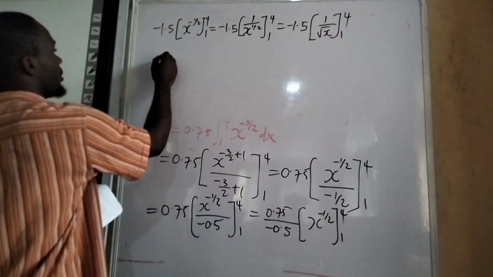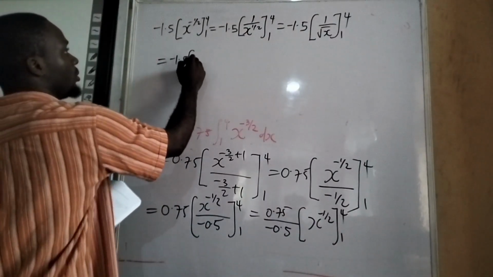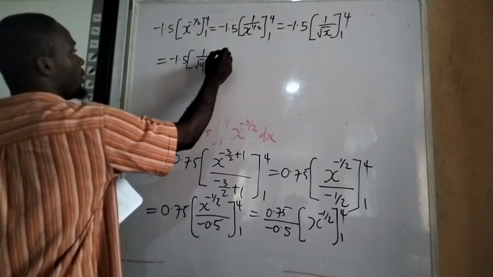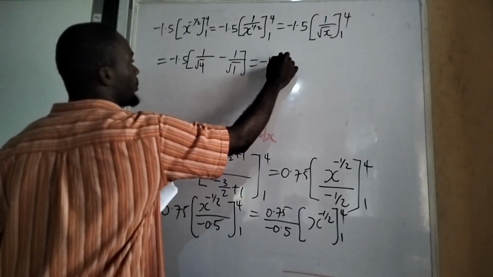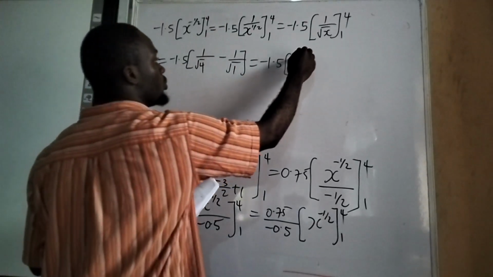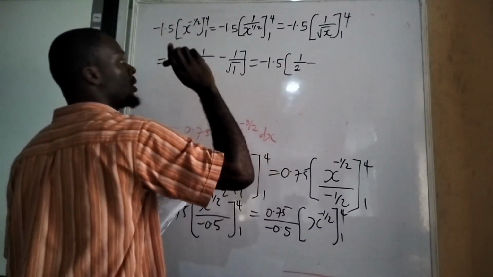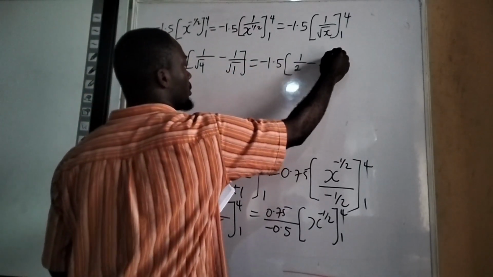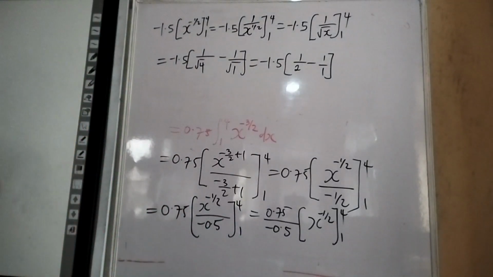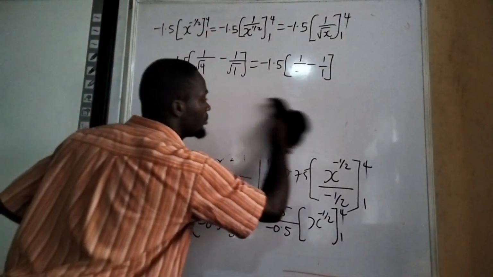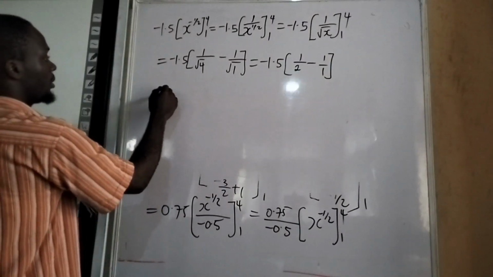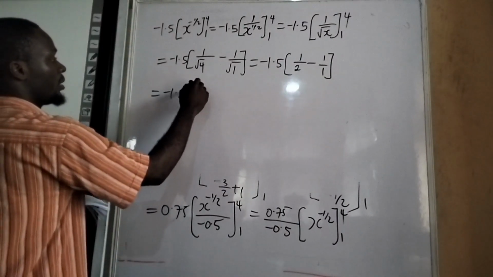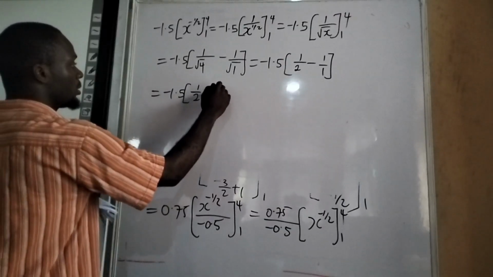So we now take limits. 1 over square root of 4 minus 1 over square root of 1. Now minus 1.5. Square root of 4 is 2, so 1 over 2. Square root of 1 is 1, so 1 over 1. So we have minus 1.5 times 1 over 2 minus 1.